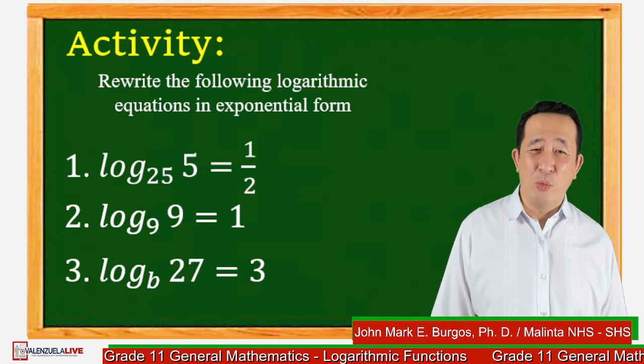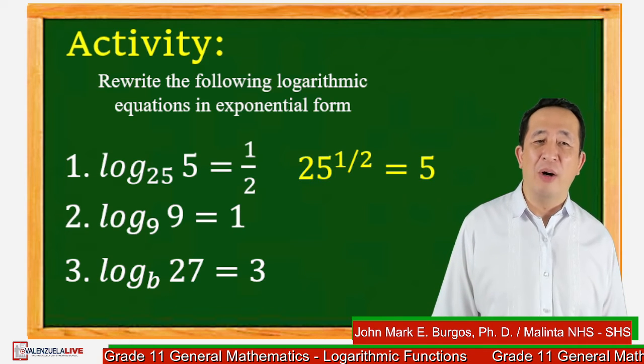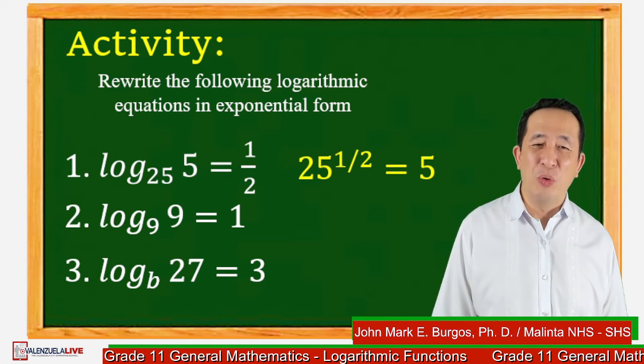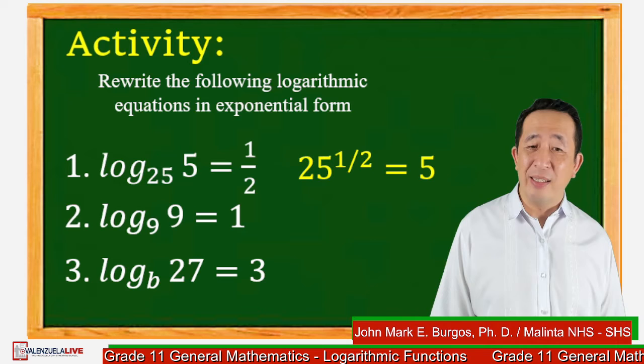To answer each question, number 1, logarithm of 5 with base 25 is equal to 1/2. The answer is 25 raised to the power of 1/2 is equal to 5. Question number 2, logarithm of 9 with base 9 is equal to 1.